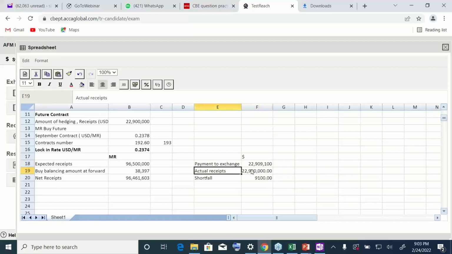But actually, you are receiving 22.9 million. You are receiving 22.900, but you have to pay 22.909. So the shortfall is 9100. So guys, you have to buy this 9100 from the market at the forward.